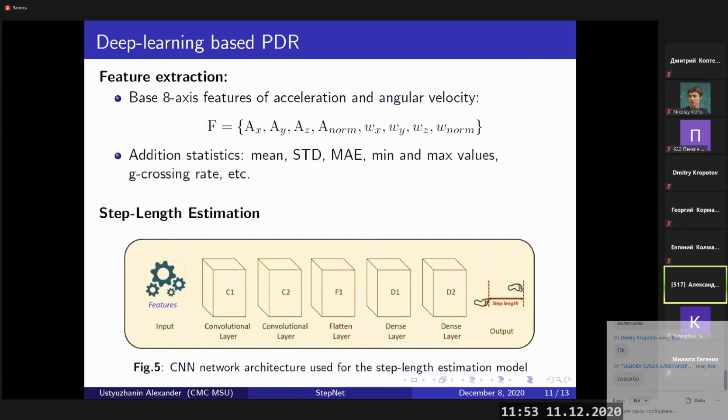The main thing is that we pass our IMU measurements through several convolutional layers and dense layers, which produce estimations of step length, and we optimize it with mean squared error using any stochastic algorithm. So, a classical CNN approach.